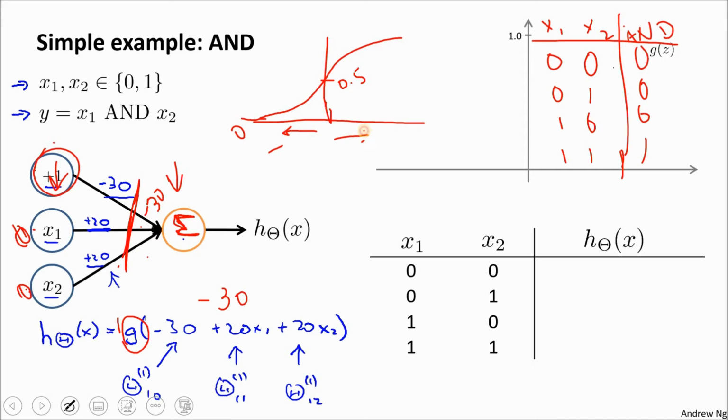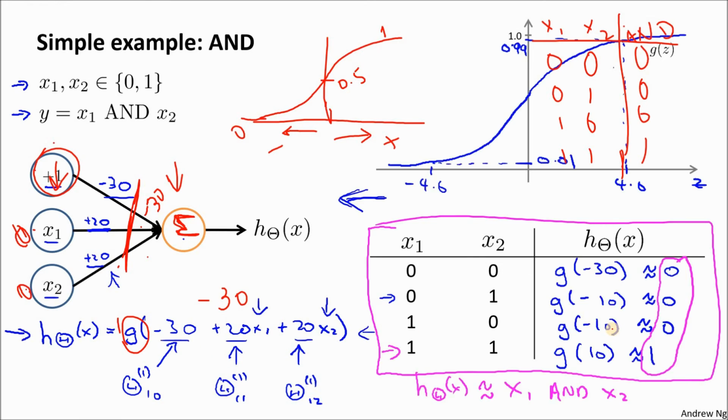If the value is on the positive side, it will make it almost 1. Clear? So what will be the result over here? Because the value is very high negative, it will become 0. So that's what is happening over here. G of minus 30 will be 0.